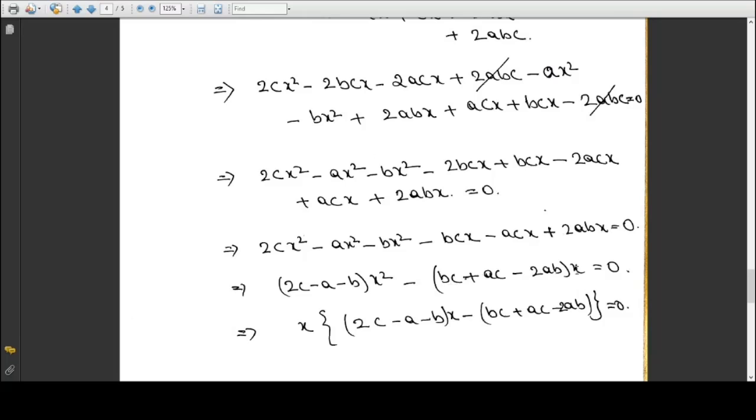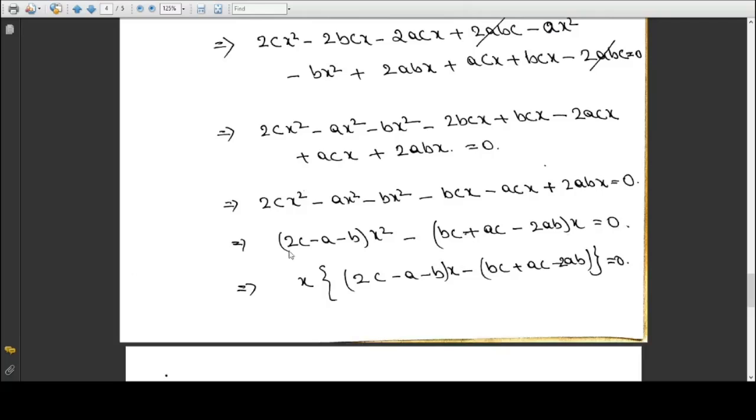Therefore, if you take common x, you have b, c, and when you keep them inside the bracket, the sign has to multiply because the minus sign is there from outside. Minus plus minus, minus plus minus, minus again plus. Then ac, you will have ac because x you have taken common. Then minus with plus is minus, 2ab, and on the right side is 0.